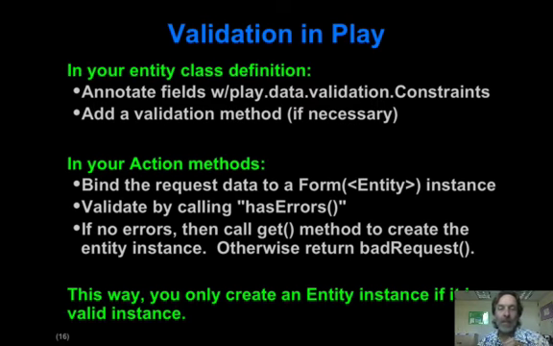And then in your action method, we'll go through this kind of unintuitive process of basically checking to make sure that the data that was passed indeed satisfies the validation conditions that you've specified in your entity.